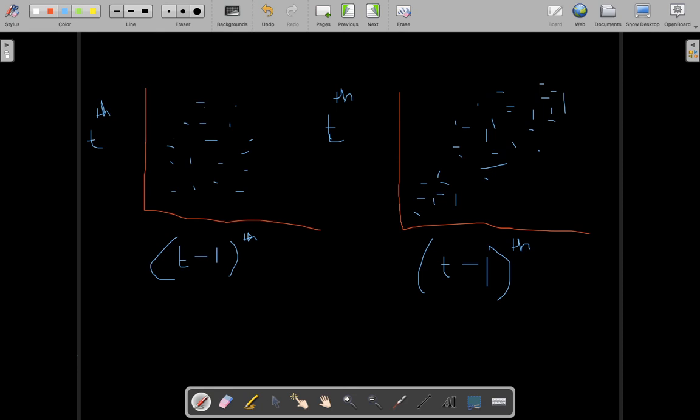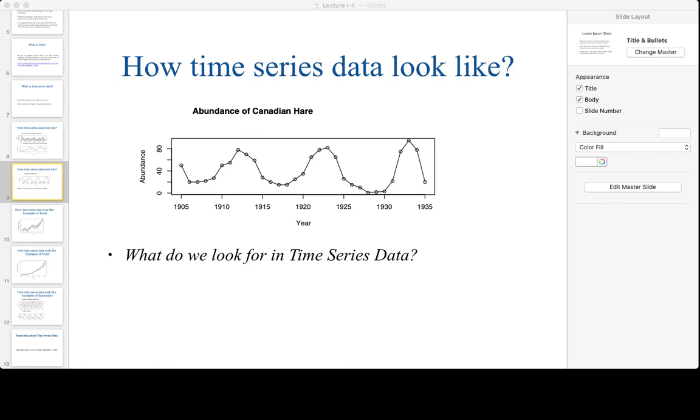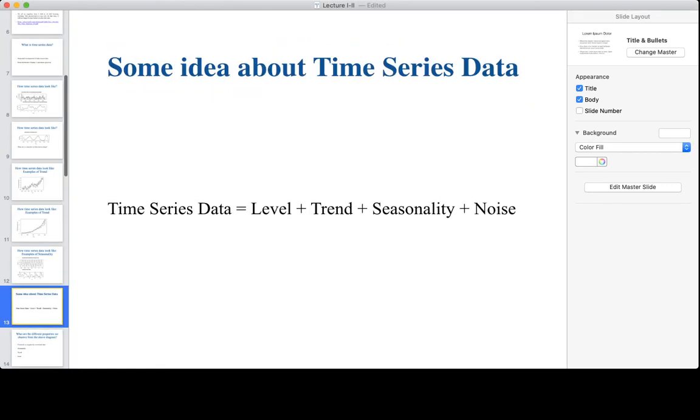Now we talked about this concept of seasonality and trend and noise and level. So let me draw something to explain what these all mean.